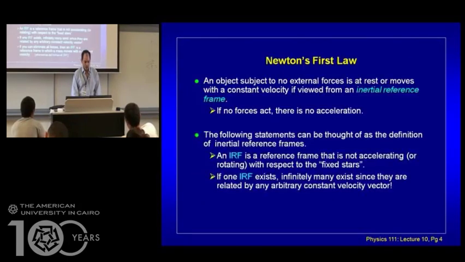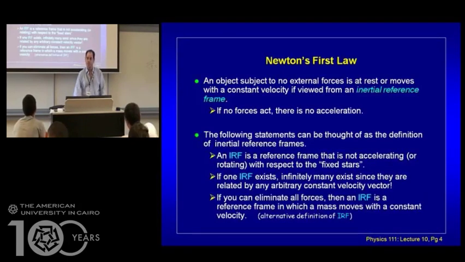So we talked about Newton's first law. Before we go on, Newton's first law is valid only if you're talking about objects that are at rest or move with a constant speed in an IRF, an inertial reference frame. If you remember, we defined last time what an IRF is.